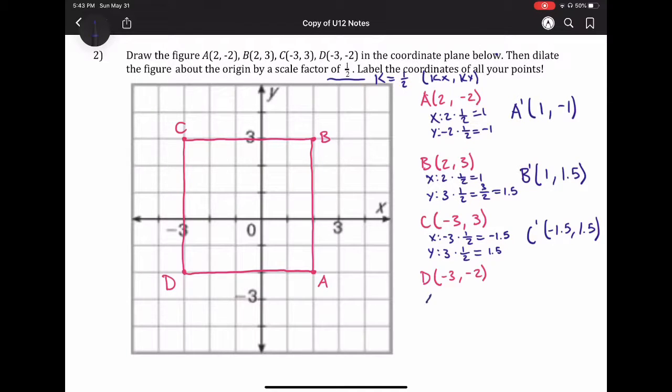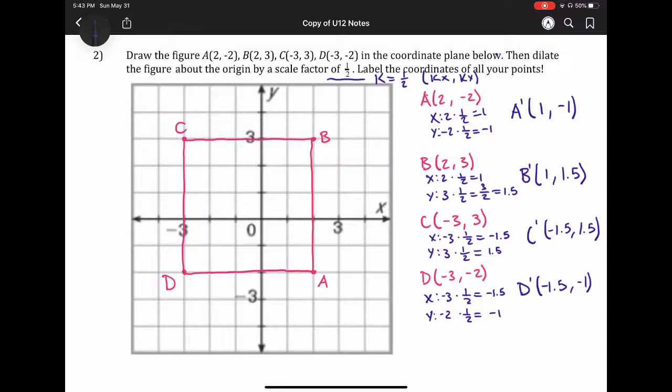And my D, the x is at negative 3 times 1/2 is equal to negative 1.5. And my y is at negative 2 times 1/2, which gives me negative 1. So my new D is at the point negative 1.5, negative 1.